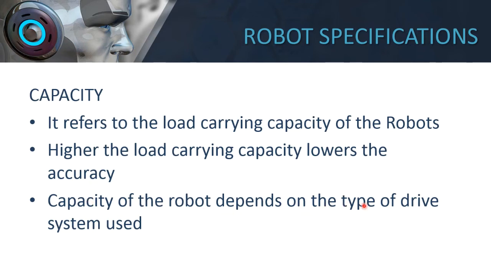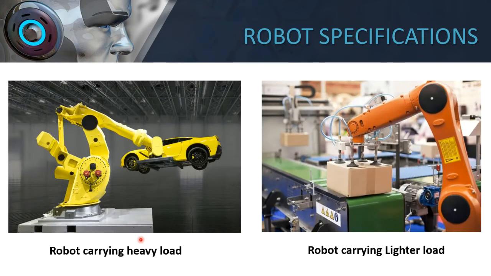Capacity of the robot depends on the type of drive system used, that is hydraulic drive system, pneumatic drive system, or an electric drive system. You can see an image here. The first image shows the robot carrying a heavy load and then a robot carrying a lighter load. So when the robot is carrying a heavy load, what happens?